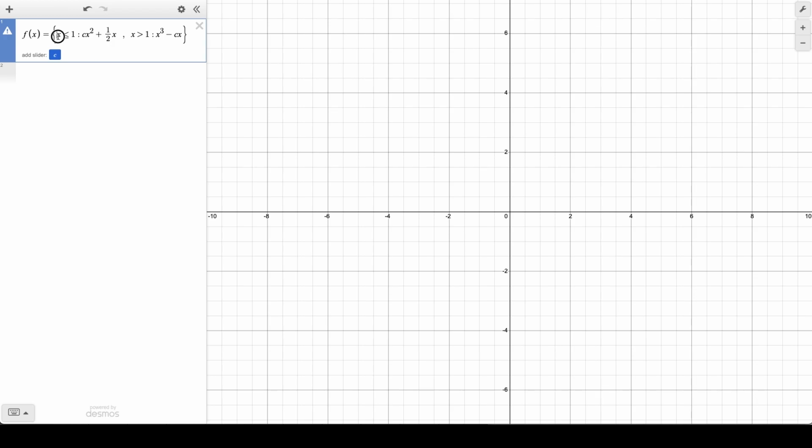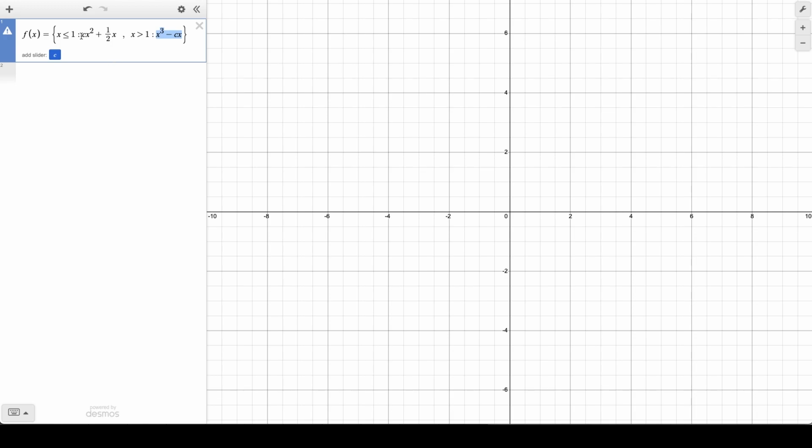And we start by actually defining the part of the domain. So I say for x less than or equal to 1, I put a colon, and here is the definition of the function for that part of the domain. And then I have a comma, and then I can list all of the other formulas for each other part of the domain. So in this case, if x is greater than 1, colon, this is the definition of the function.